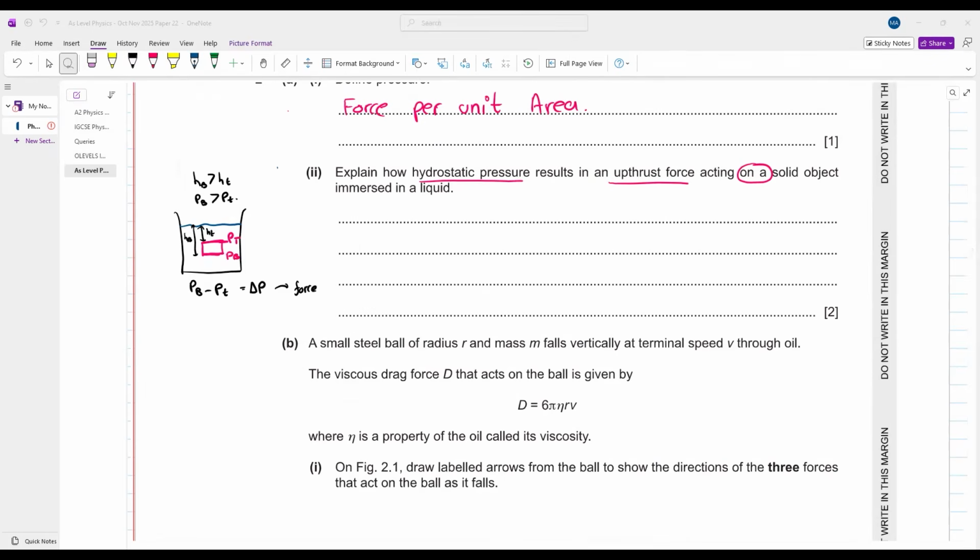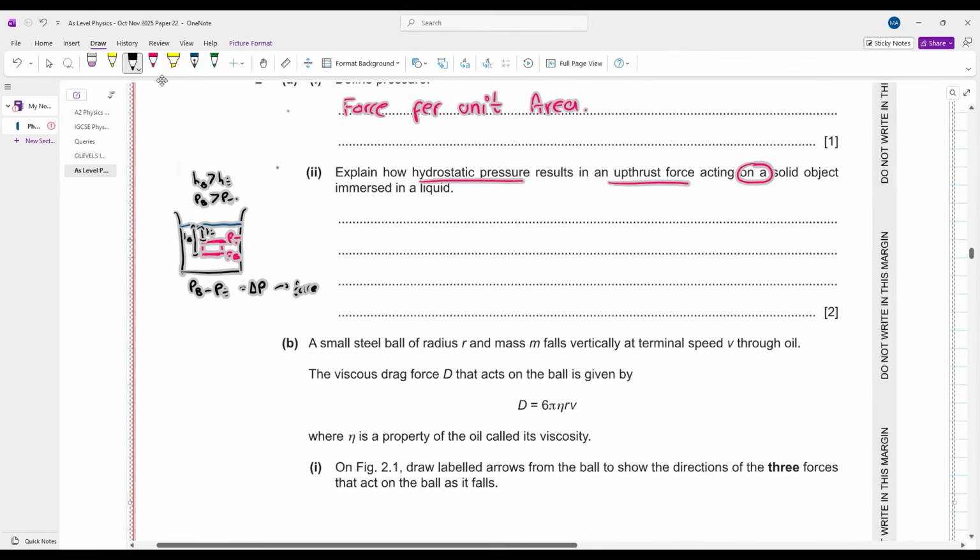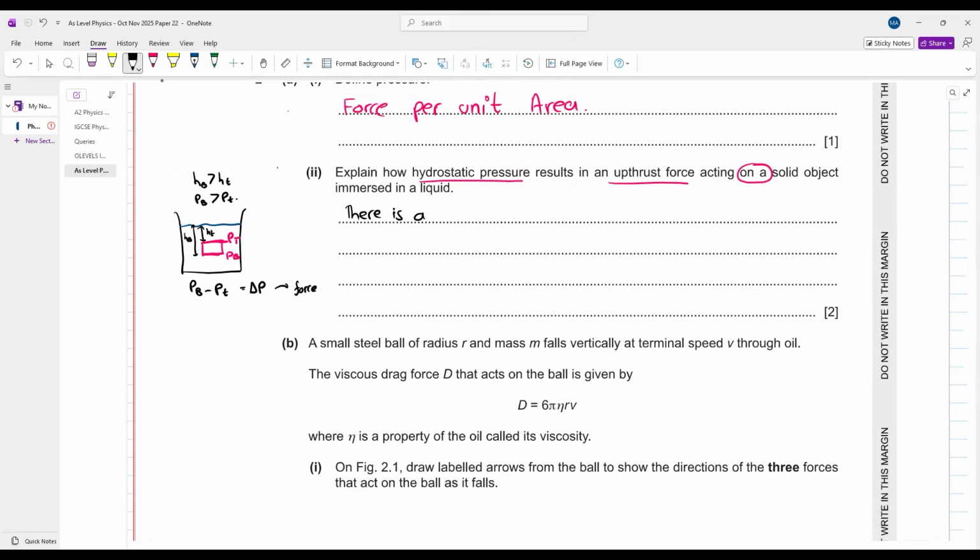You will say, there is a difference in pressure between the top and bottom surfaces of the object. Simple.